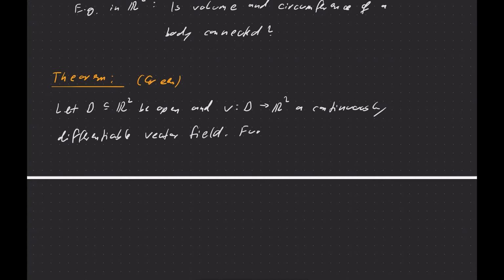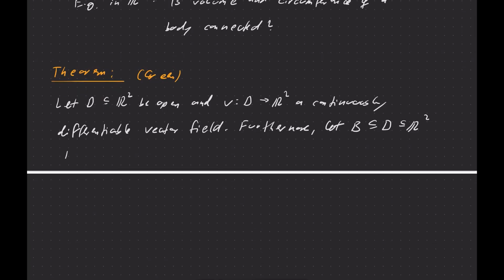So furthermore, let B be a set that is contained in D, and remember D is a set in R2, so B is usually also a set in R2. So let B be a compact set.